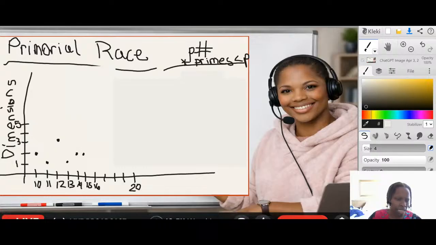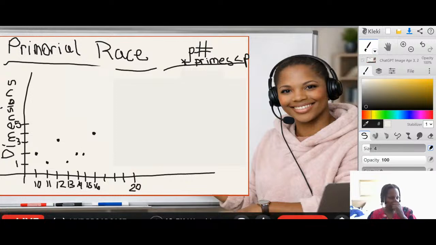And then we're going to say 16 is a 4D number, so it's way up there on level 4. Maybe a little lower, but you get it. So this is the dimensions and these are the numbers.